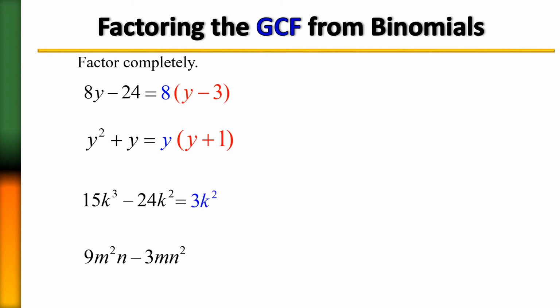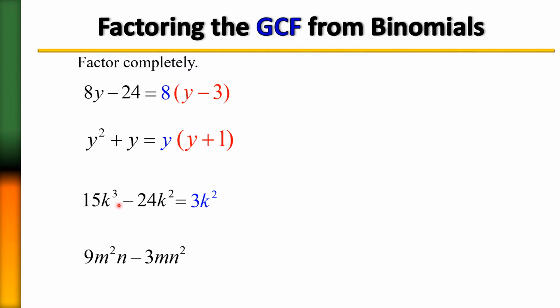And whatever is left goes in parentheses. So when I take the 3 and 2 k's from the first term, that's going to leave you with a 5 for the numerical part and 1 k for the variable. So that's going to be 5k.